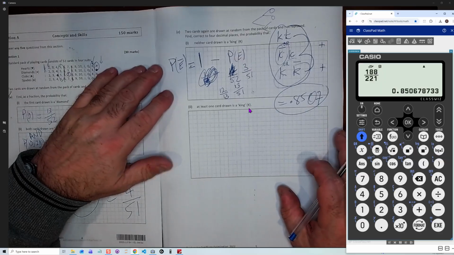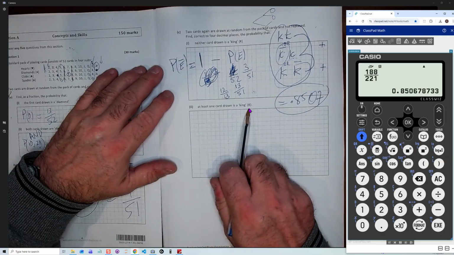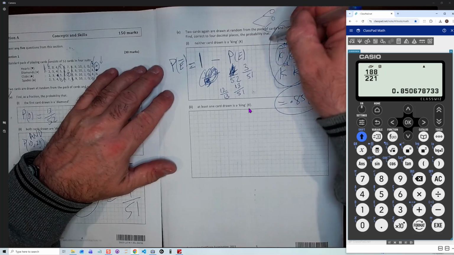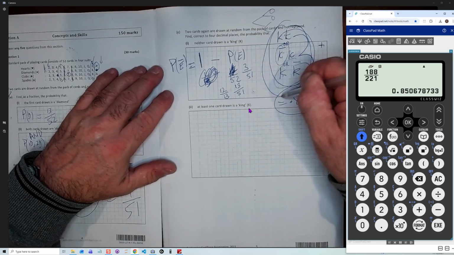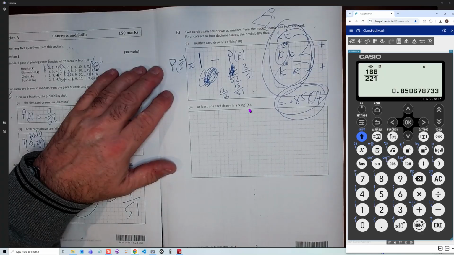At least one card drawn is a king. So let's come back here to thinking about this carefully. At least one card drawn is a king. Well, that's this. And that's the opposite to this. Okay, so we will just subtract 1, even though that's the wrong way round in sign, and shift equals that.